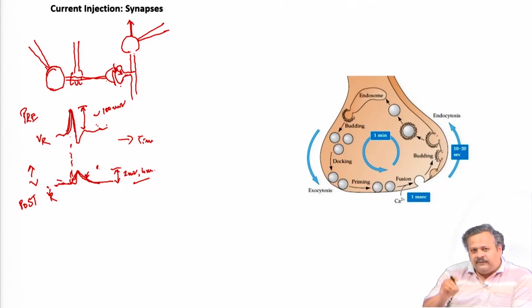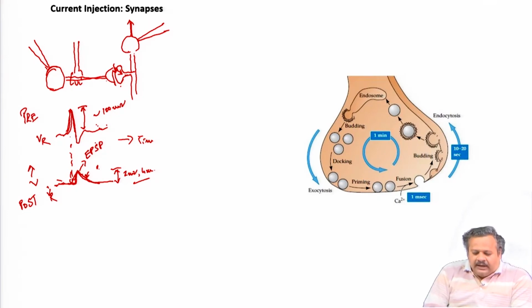If there is positive current going in, positive ions going in, then the inside of the postsynaptic neuron's voltage increases and goes towards 0, towards spiking threshold. And so, this is what we call the excitatory postsynaptic potential, or EPSP.